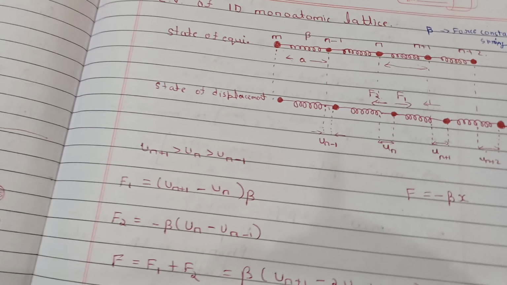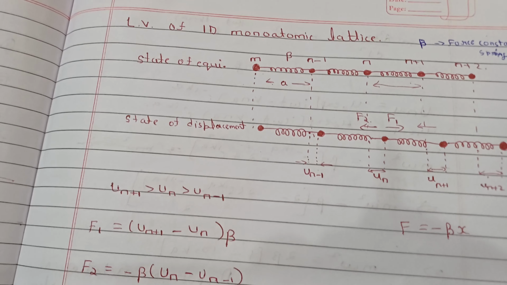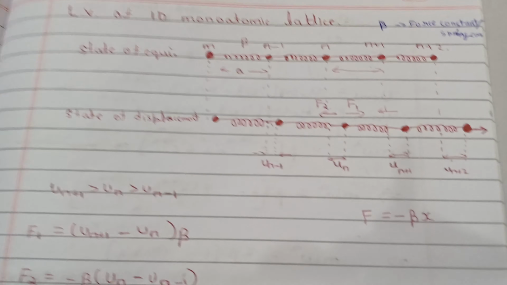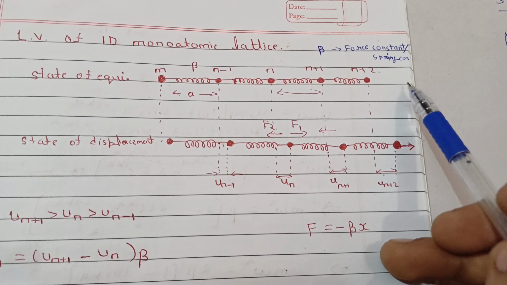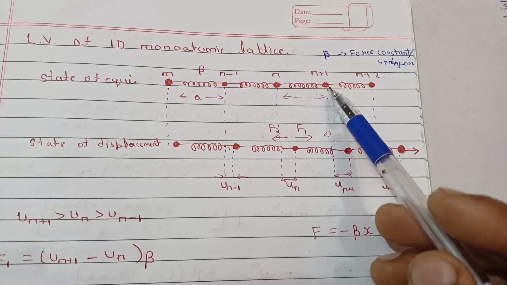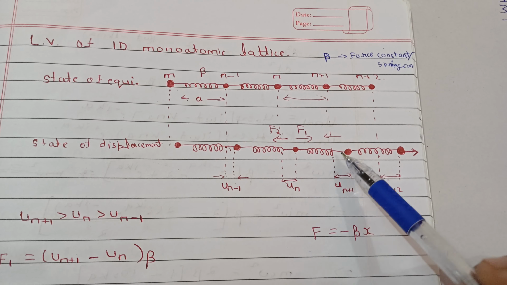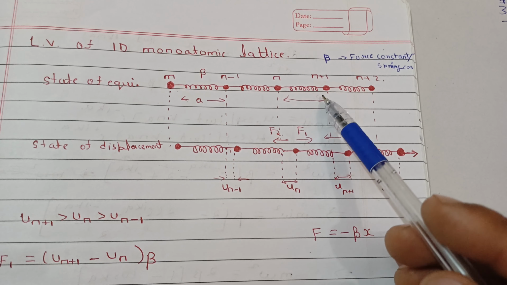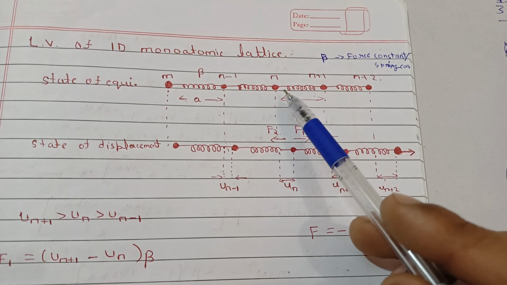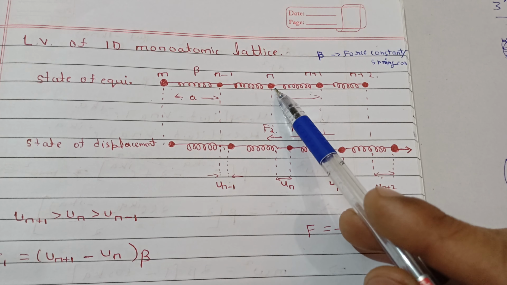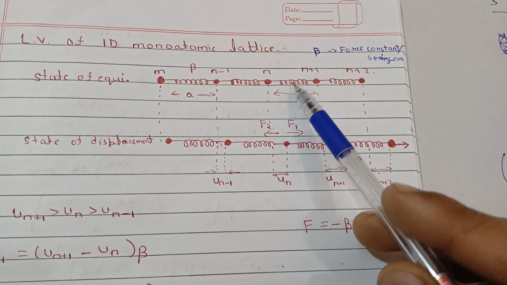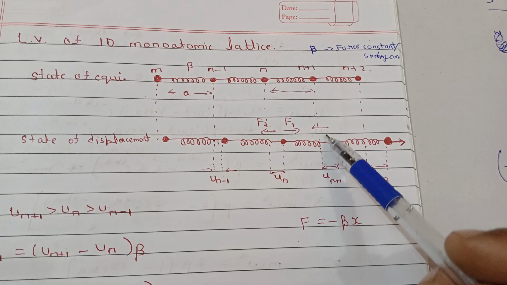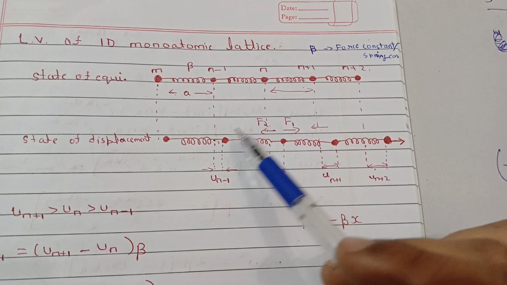Now if we look at a particular pair, when it gets stretched, both atoms want to come back to their original positions. So for this atom the force will be in this direction, and for this atom in the opposite direction.